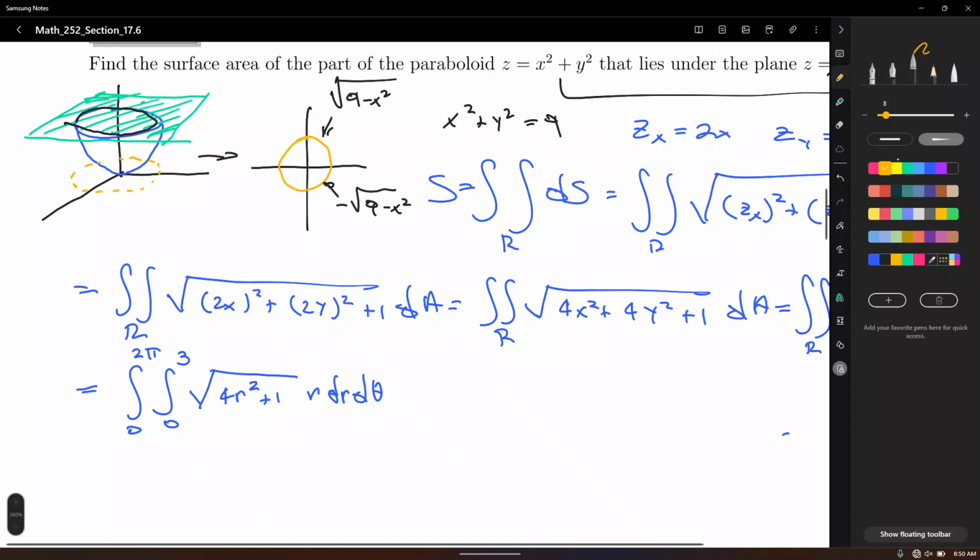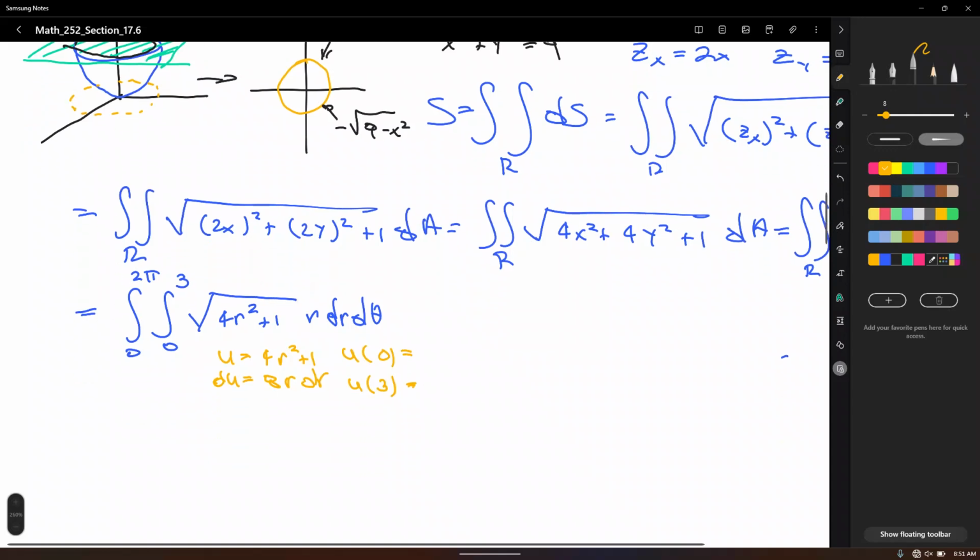So u equals 4r squared plus 1, du equals 8r dr. u of 0, u of 3. I'm going to change the limits. If you don't want to do this, that's fine. So 4 times 0 squared plus 1 and 4 times 3 squared plus 1.